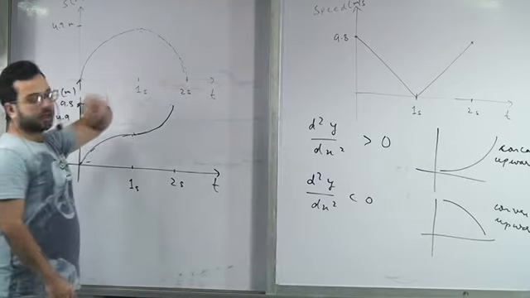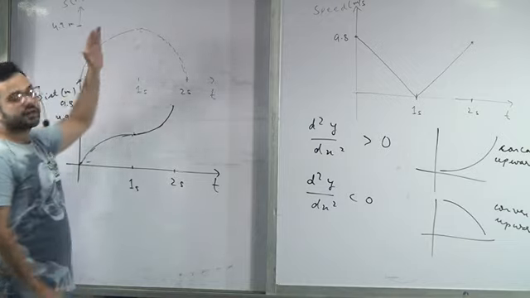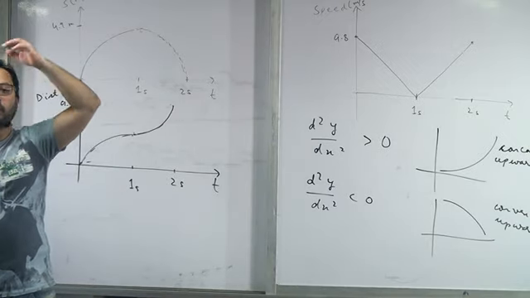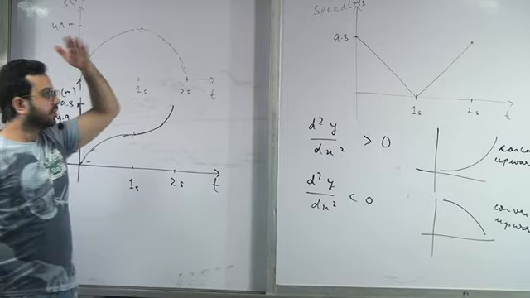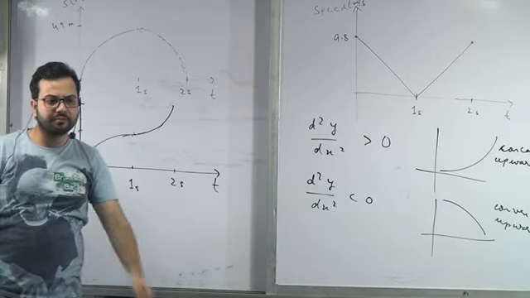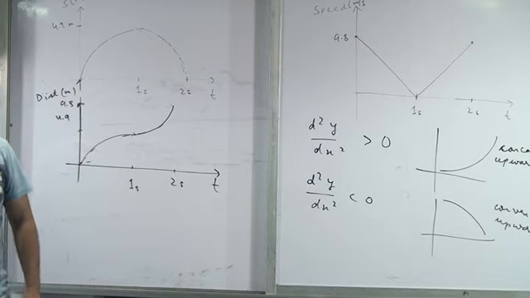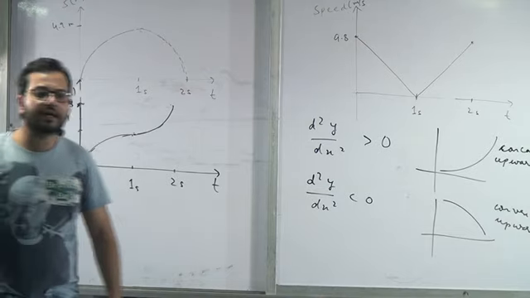Now let's come to this graph. If I differentiate s with respect to time once, what do I get? Displacement with respect to time. Velocity. Take it. ds by dt, I get velocity.